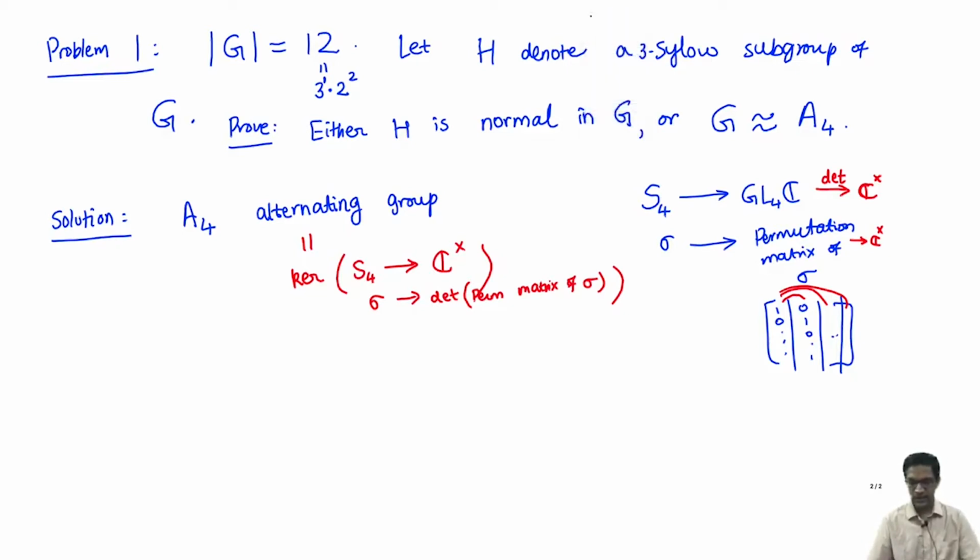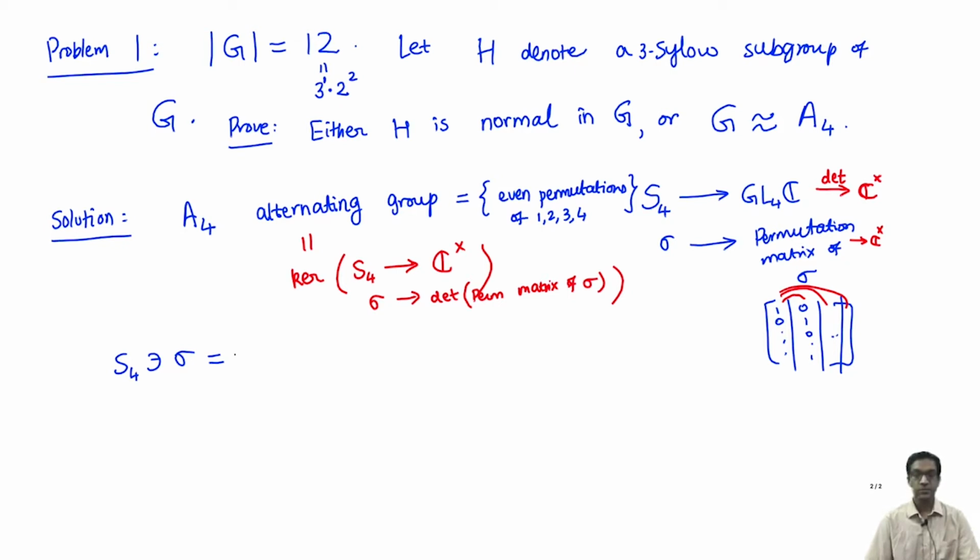Another way of defining it is somewhat more concrete, easier to understand. We say that this alternating group is nothing but the set of what are called even permutations of 1, 2, 3, 4. So what is the set of even permutations? Recall that if sigma is an element of S4, any permutation can always be written as a product of transpositions.